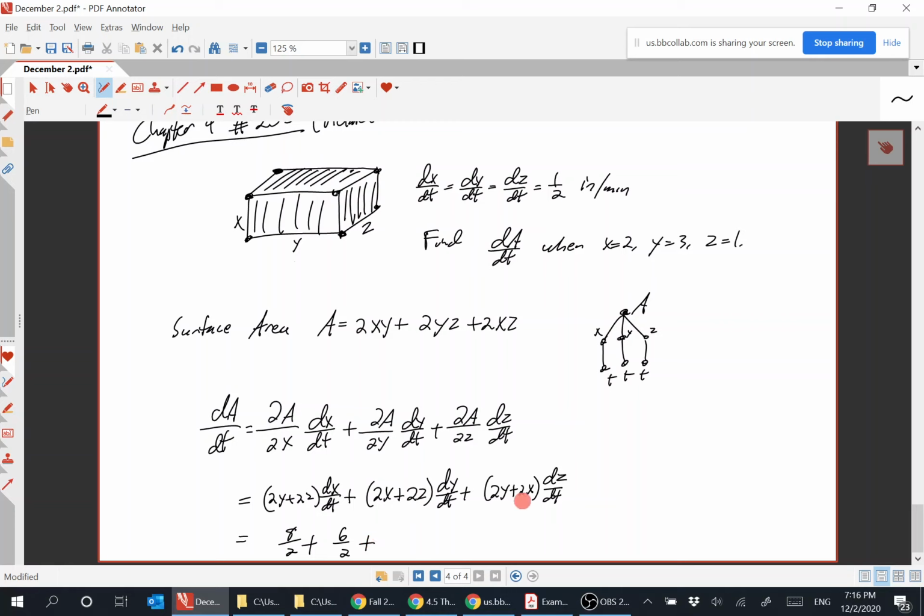And then x plus y is 5, times 2 is 10 halves. So the whole thing is 4 plus 3 plus 5, which is 12. So 12 cubic inches per minute, and that's your final answer there.